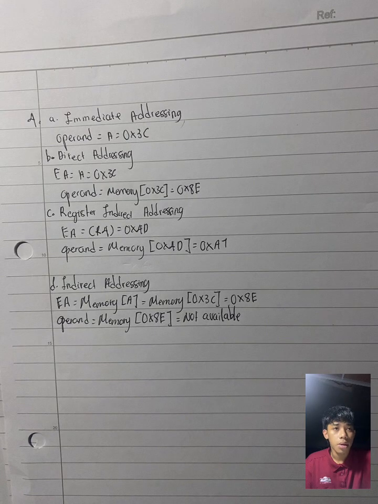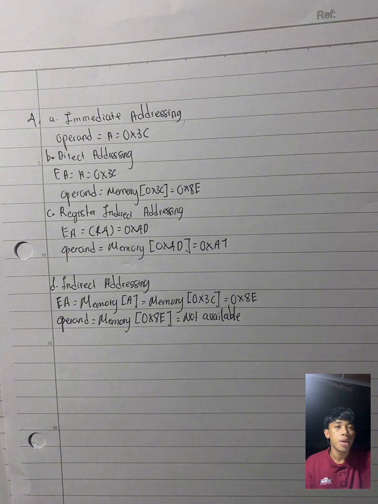And then from figure 1, you can see the register and memory values. R2 equals 28, R4 equals 40, and R5 equals 3C. Memory at 1A equals 3F, at 2B equals 5C, at 3C equals 8E, at 4D equals A1.